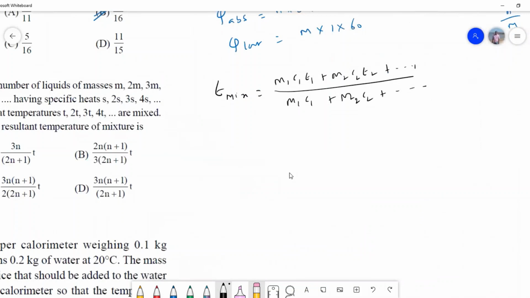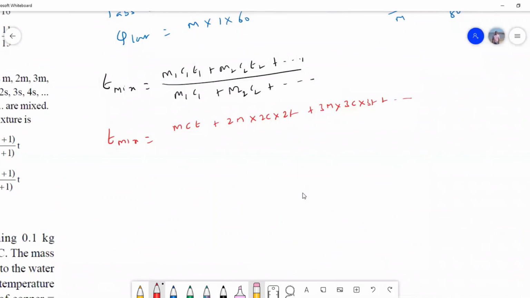We apply this formula for these N liquids. So T mixture is equal to MCT for the first liquid, for the second liquid 2M into 2C into 2T, plus 3M into 3C into 3T, plus so on.